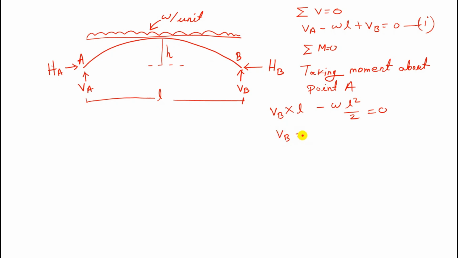So VB equals W L by 2. So from the equation 1 we can get VA, that is equals WL by 2.